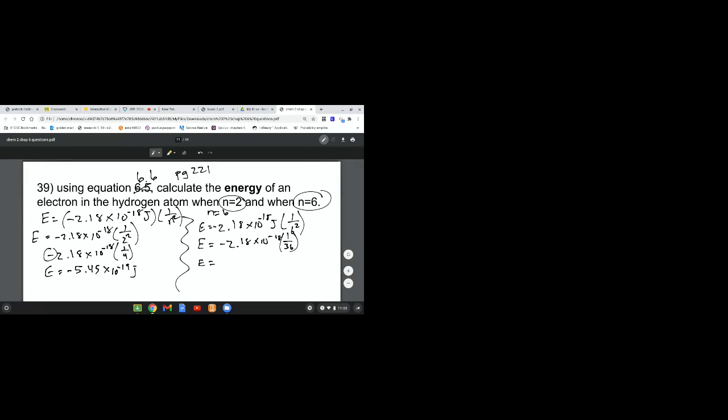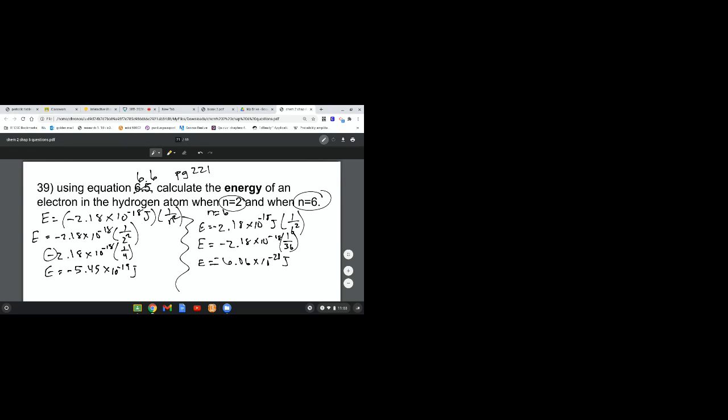Which is then equal to 6.06 times 10 to the negative 20 joules. And again, that's going to be negative because the Rydberg constant is negative.